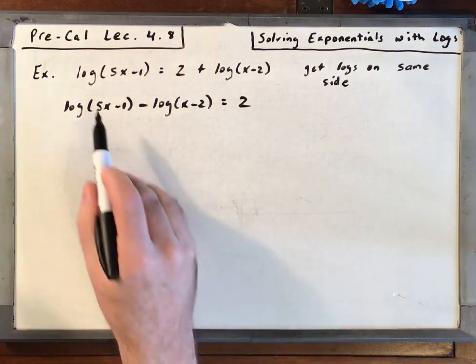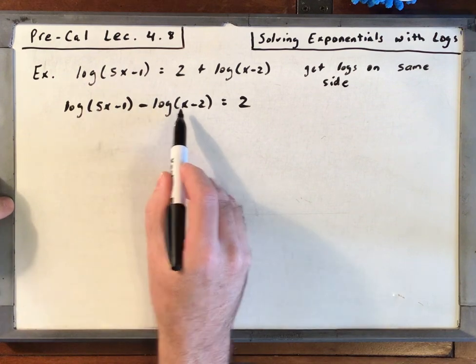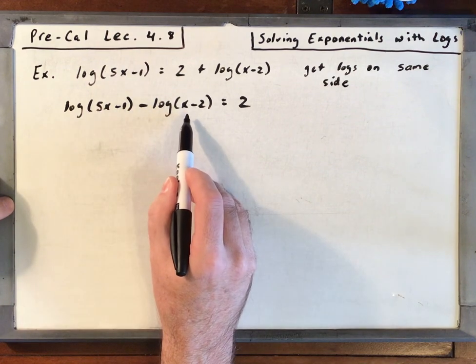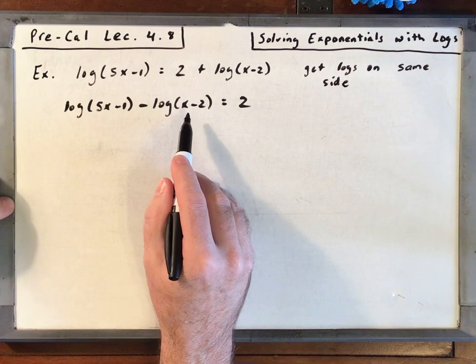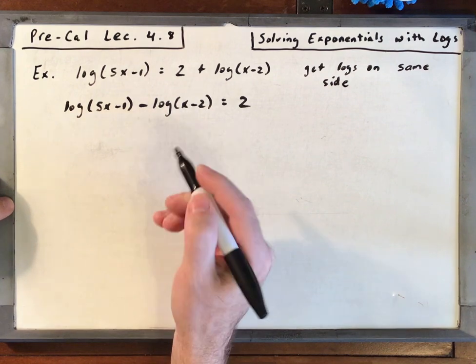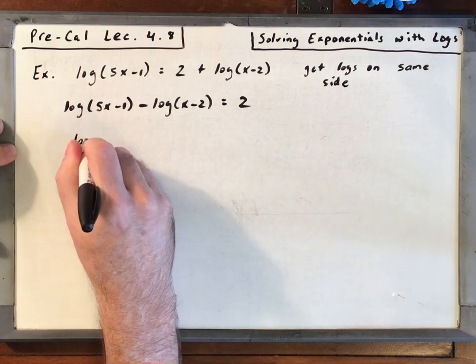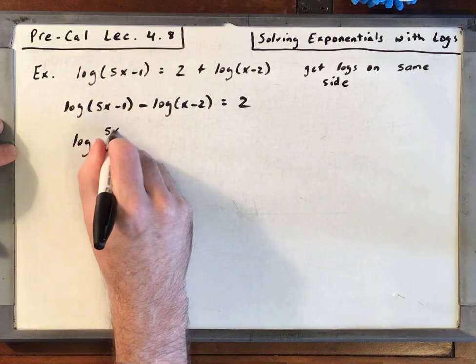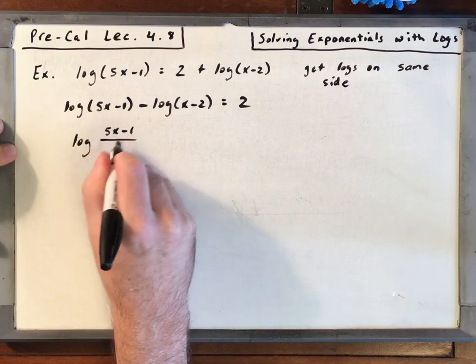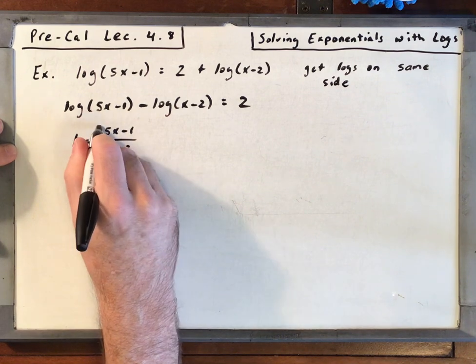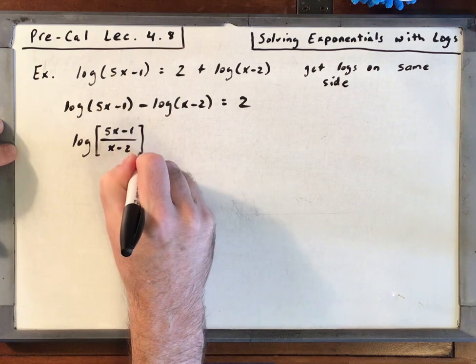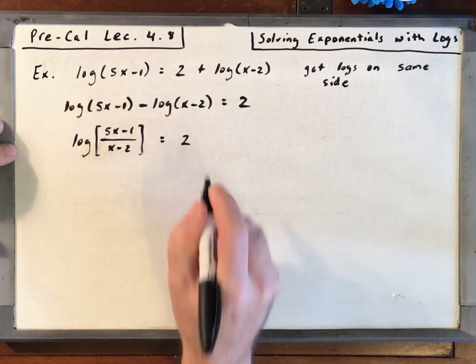Now I can use the properties of logs to combine these all into one log, just like we did at the end in section 4.5, 4.6. Okay, so this is subtraction, so it will be division. We have log base 10 of 5x minus 1 over x minus 2 equals 2.